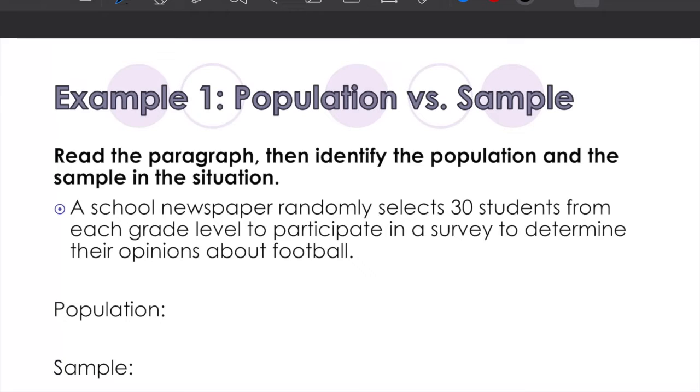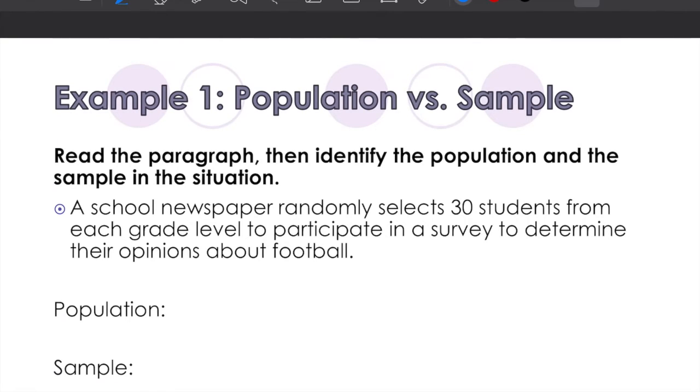That's just a simplified example. So here's a situation. First example, we're going to identify which one is a population and which one is the sample. It says a school newspaper randomly selects 30 students from each grade level to participate in a survey to determine their opinions about football.